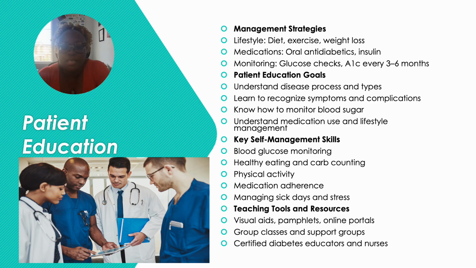Some of the patient education goals: understand disease process and types, learn to recognize symptoms and complications and when to seek medical advice, know how to monitor your blood glucose levels via the glucometer. Or some of our patients have these sensors that they can have on their arm, and on their smartphone, it'll let them know continually what their blood sugars are. Those are becoming more and more prevalent now.